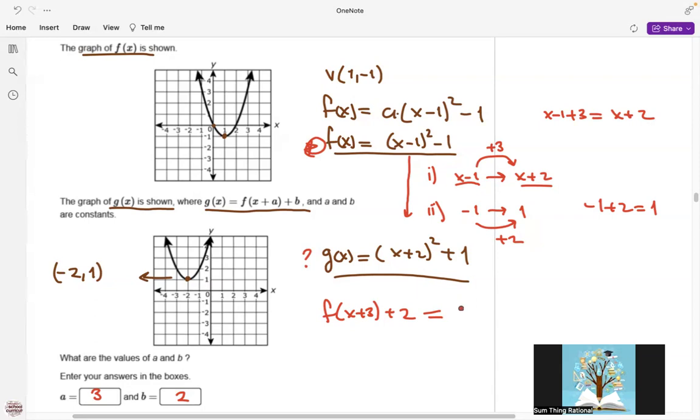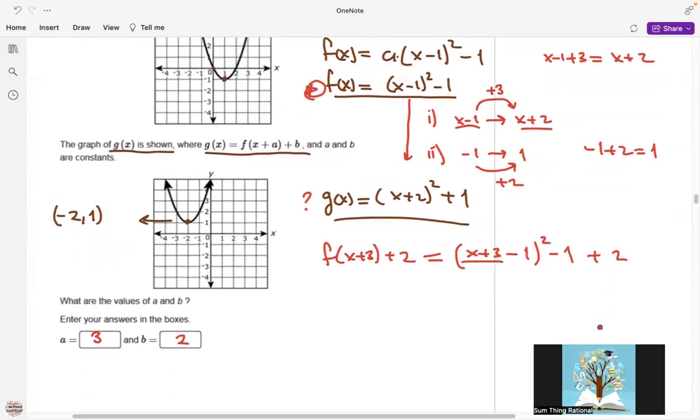To find f of x plus 3, in place of x in f of x I put x plus 3: x plus 3 minus 1 whole square minus 1, and aside from that I need to put plus 2.